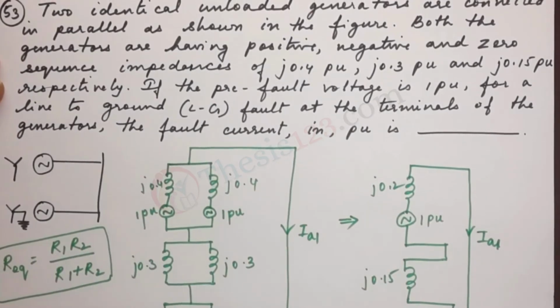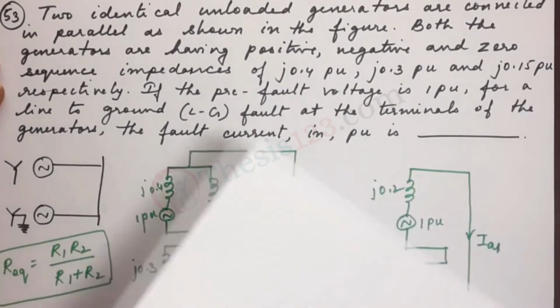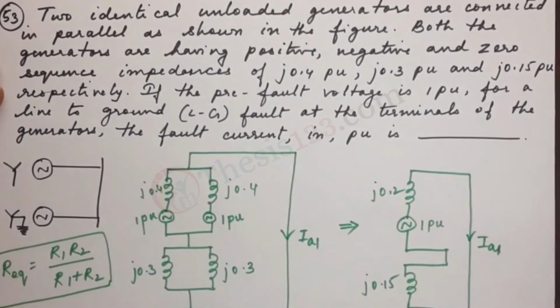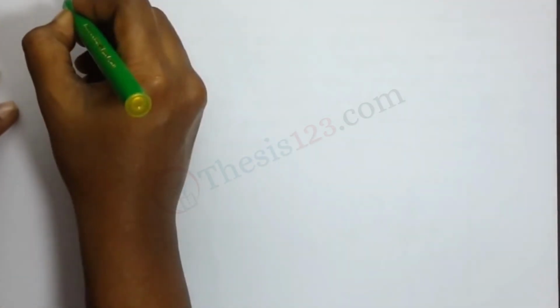Okay, so the next step is to find out what the current is, because that's what's been asked. If the pre-fault voltage is 1 pu for a line to ground fault, the fault current, so we are finding out the fault current. So let's calculate the fault current here, IF.